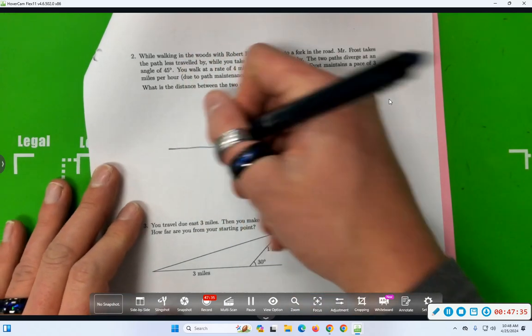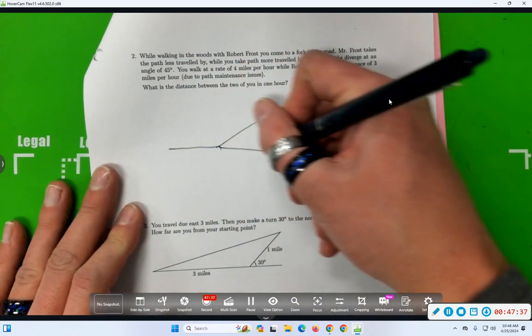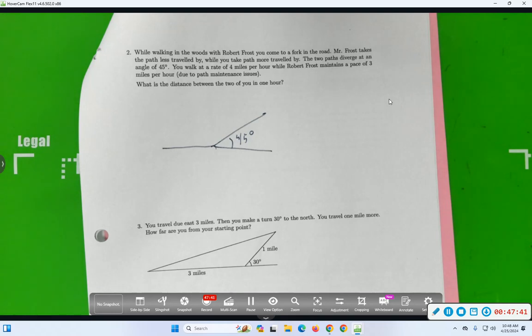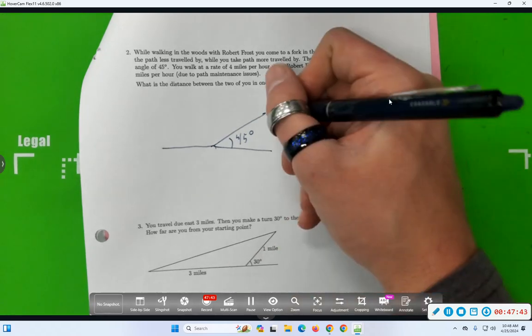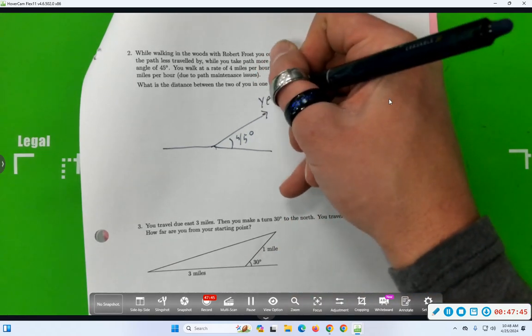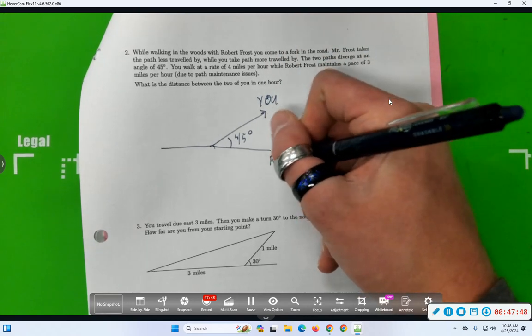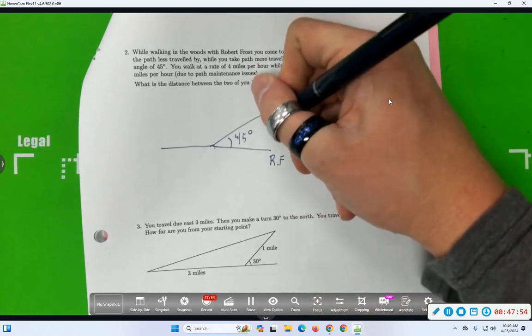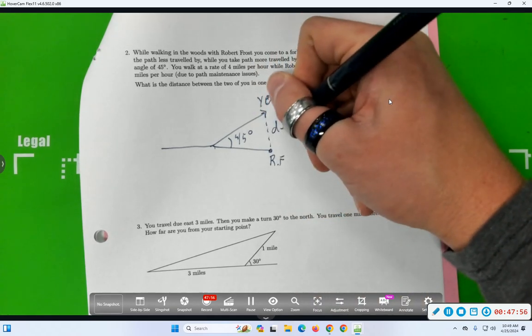So let's get a picture. So you're walking together, then these 2 paths diverge at 45 degrees. That looks 45 degrees-ish. There you are. There's Robert Frost. I would like to know, after 1 hour, what is the distance between the 2 of you?